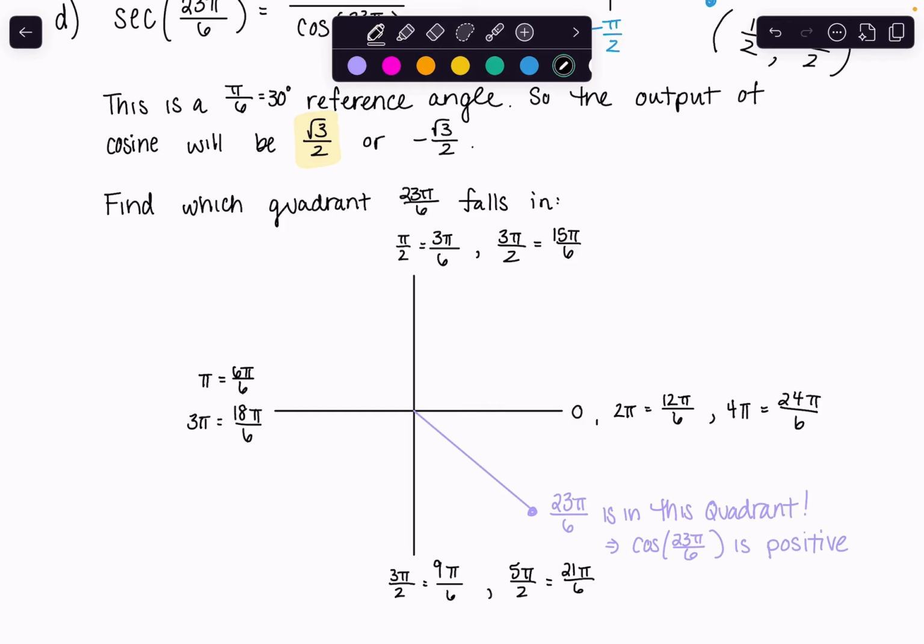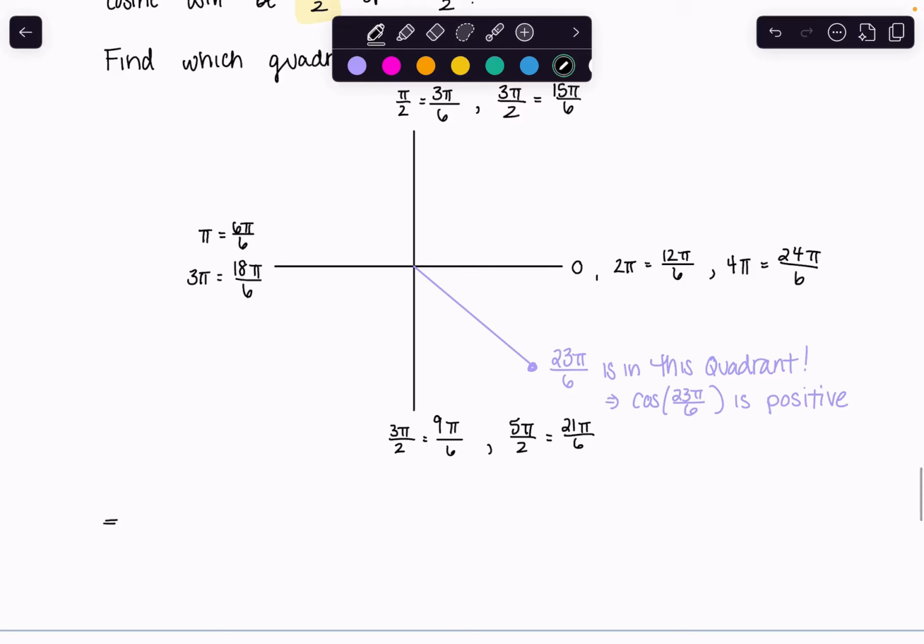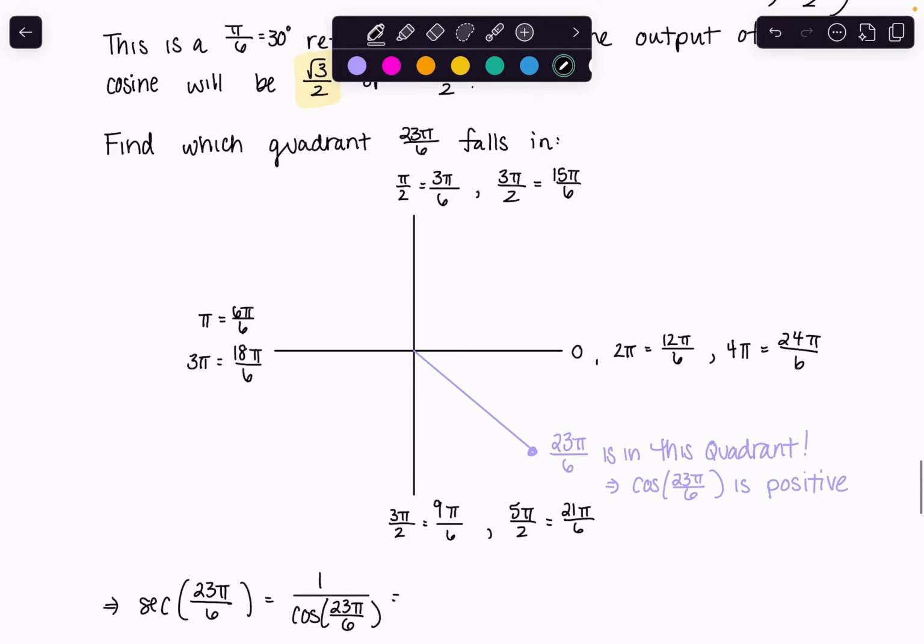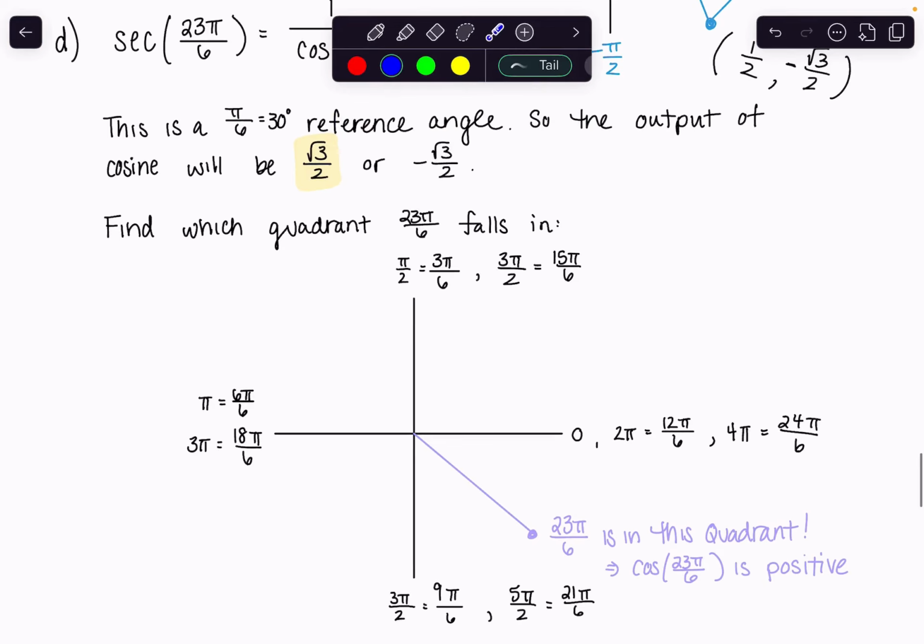That tells me then what secant of this angle is. We just flip cosine of 23 pi over 6. If you flip that, you'd get 2 over root 3.